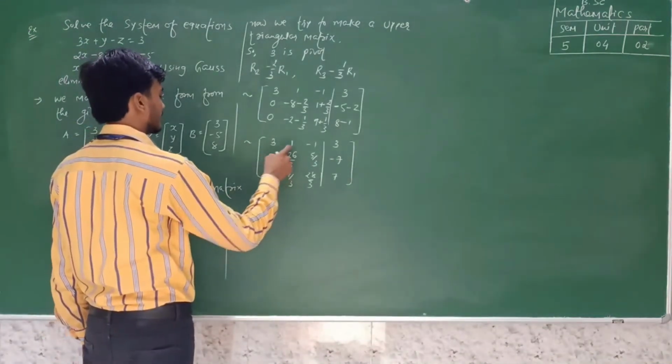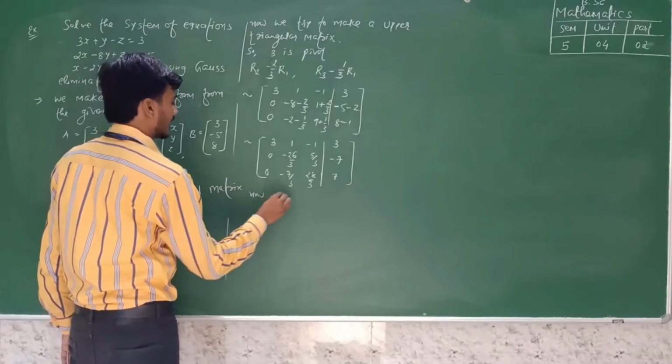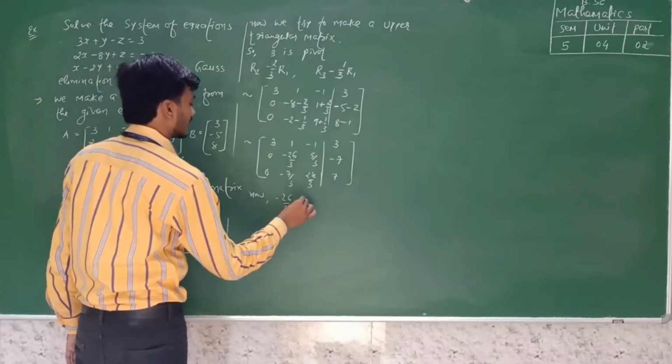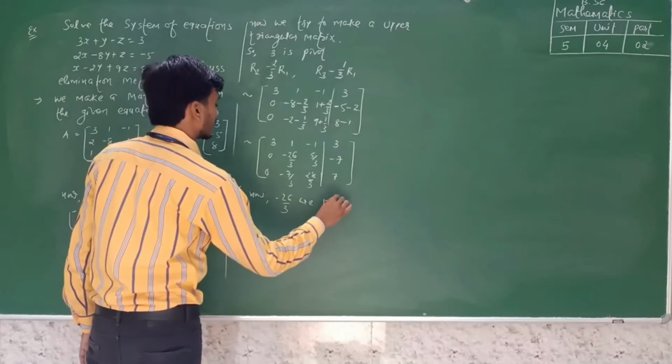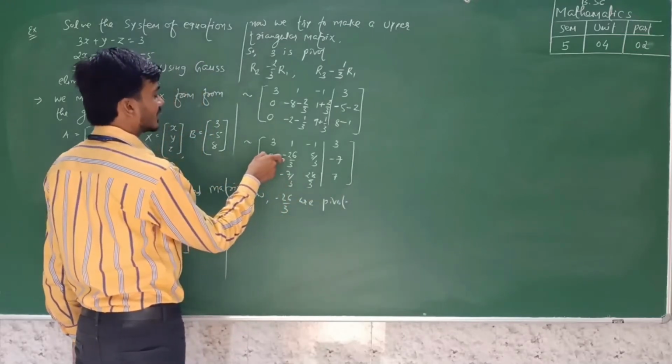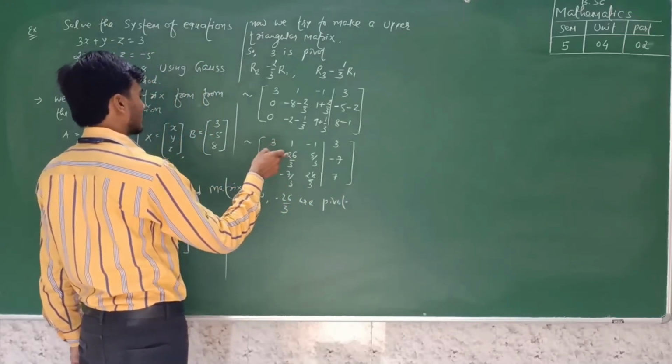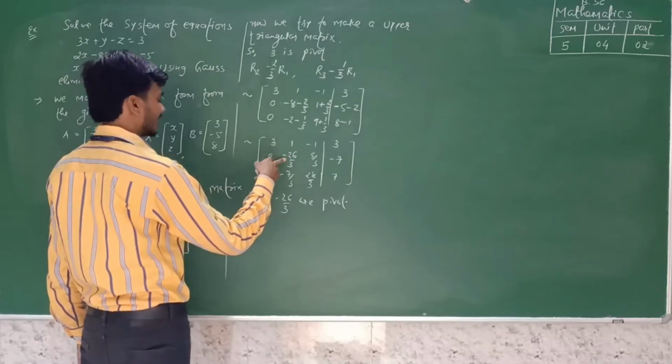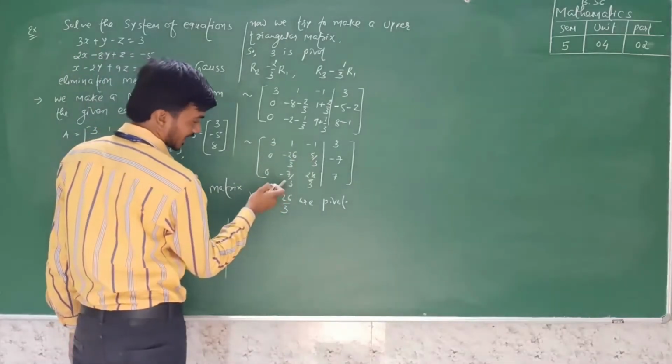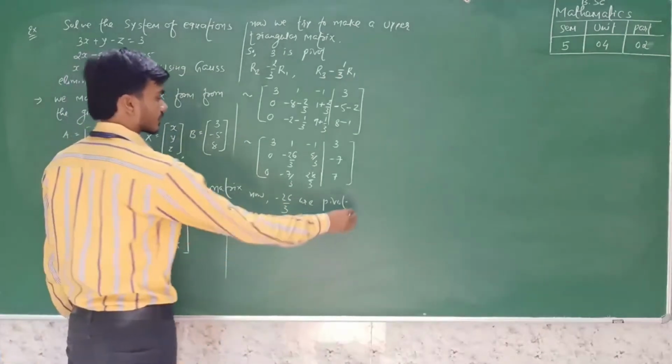So now minus 26 upon 3 and 5. So what value are we multiplying by, minus 20 by 6, minus 26 upon 3, and adding into the third row?